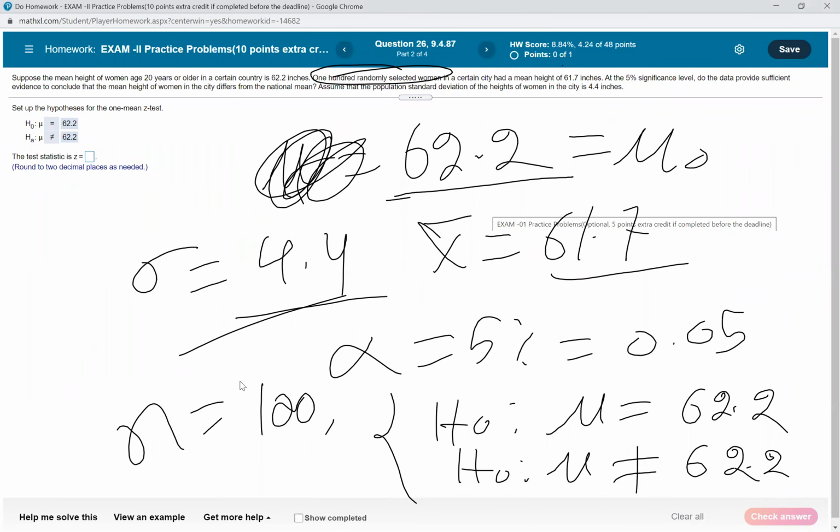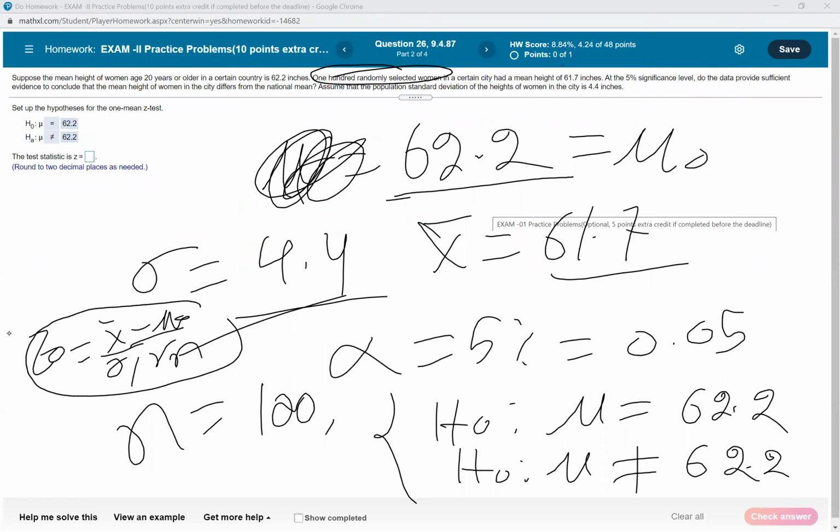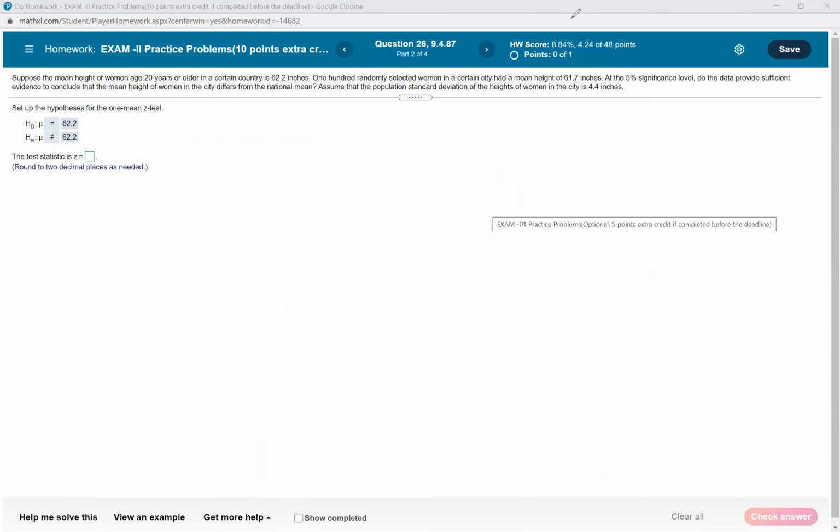Then calculate the test statistic. Using the formula, z observed is x bar minus mu 0 over sigma over square root of n. You have all the information. Plug in all the numbers here and simplify it. Then you need to make the decision and conclusion. I'm not going to give you the complete solution for this one.